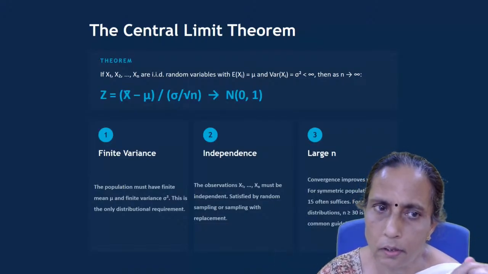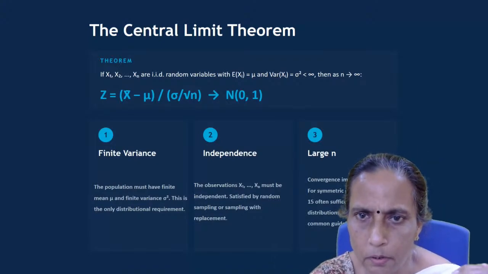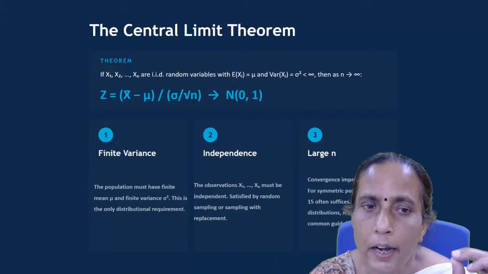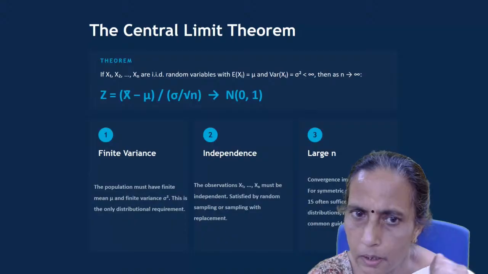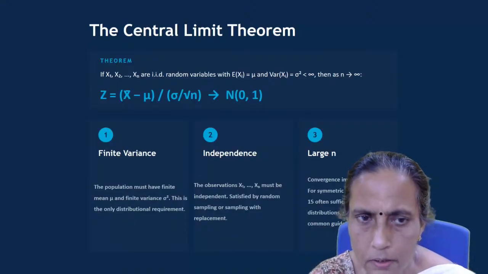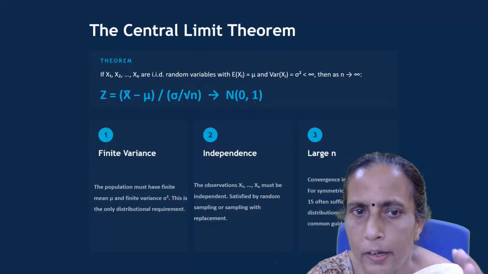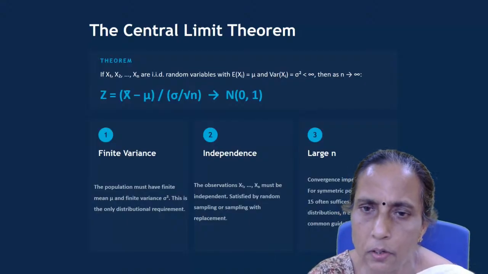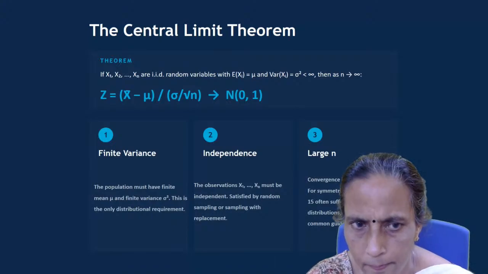Next is the central limit theorem. If all your sample variables, that is x1, x2 and xn, are IID, that is, independently and identically distributed random variables, all these variables are independent and all are identically distributed, with expectation of xi equal to mu and variance of xi equal to sigma square, where sigma square is less than infinity.